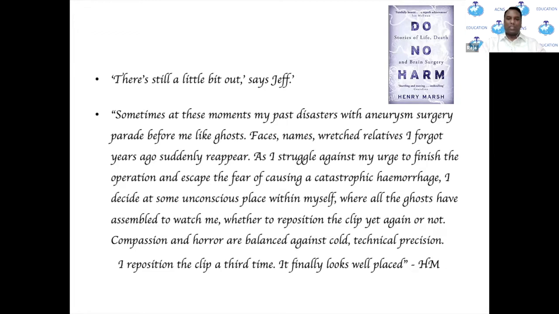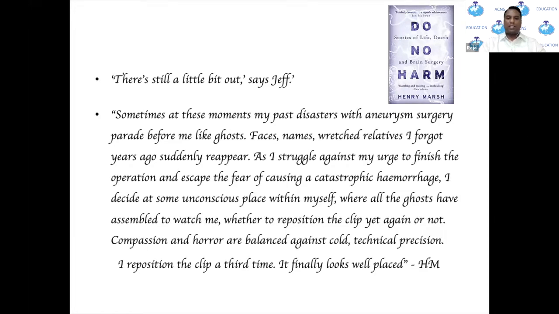Professor Marsh describes his feelings: sometimes at these moments, my past disasters with aneurysm surgery parade before me like ghosts. Faces, names, wretched relatives I forgot years ago suddenly reappear. I struggle against my urge to finish the operation and escape the fear of causing a catastrophic hemorrhage.